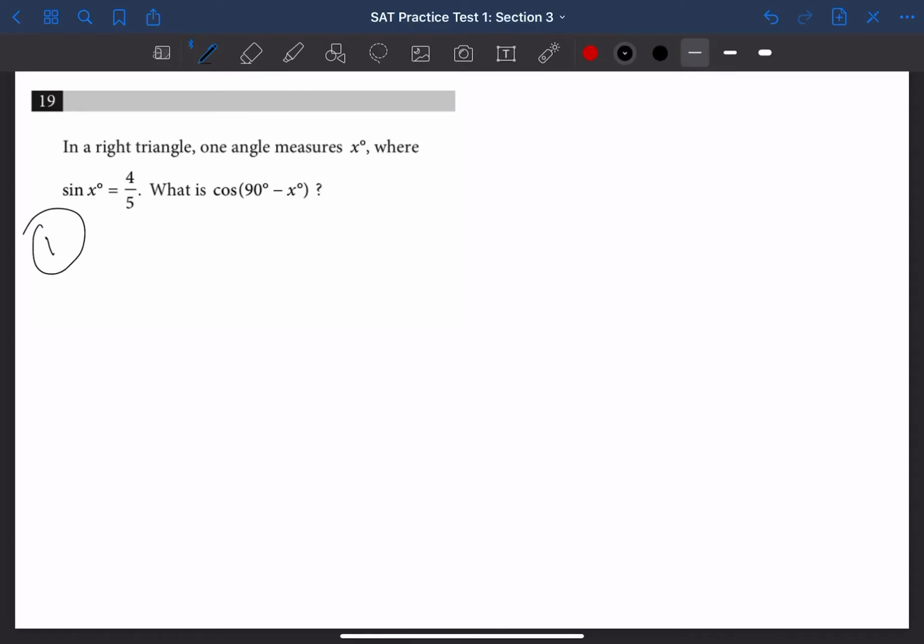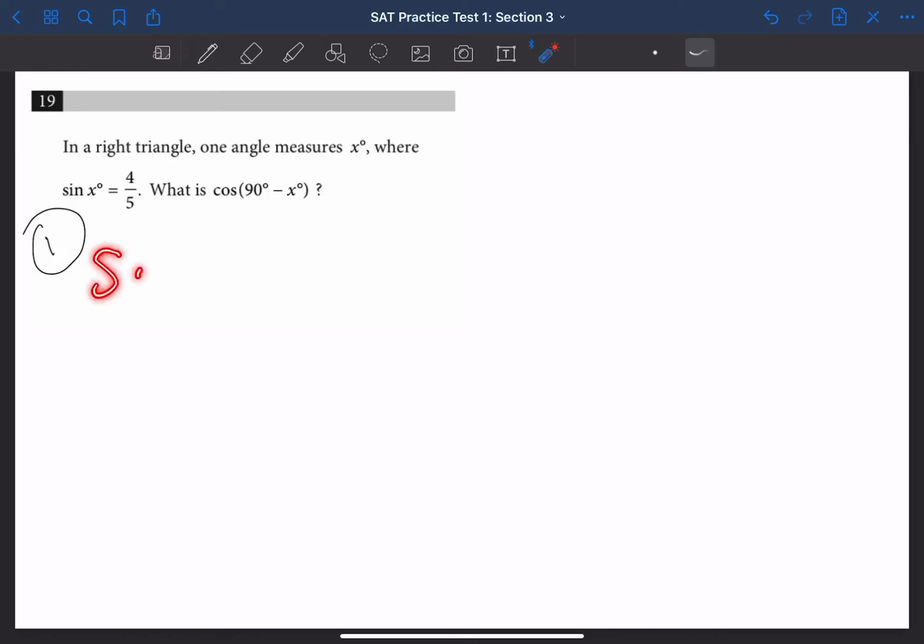So if sine of x equals 4/5, what is cosine of 90 minus x? Sine of x, cosine of 90 minus x. That means they are complementary angles.